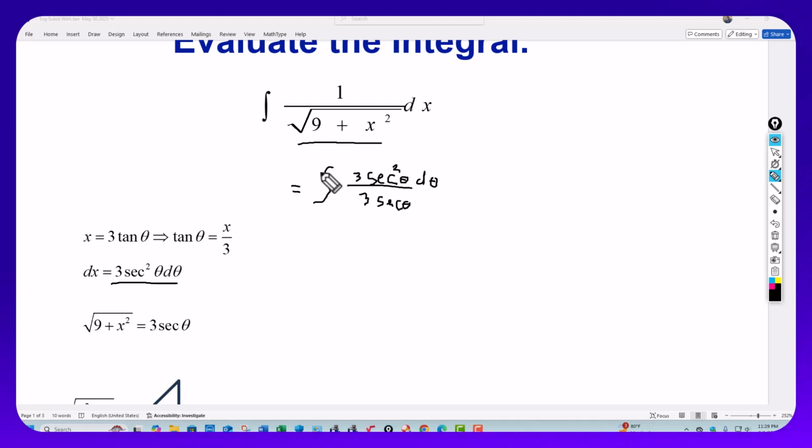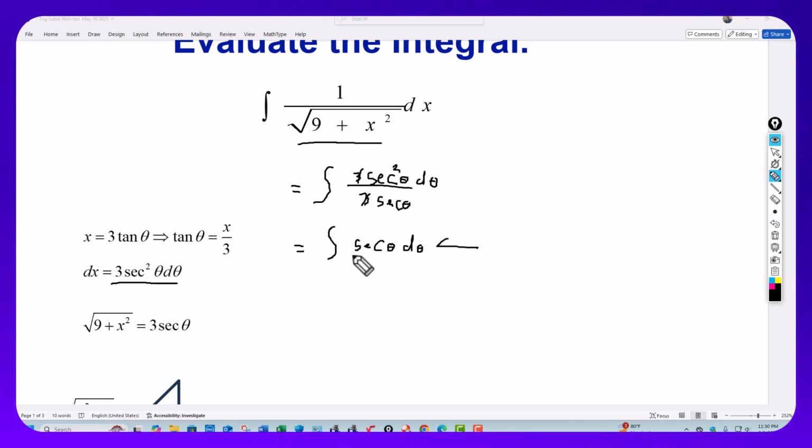Now we have the integral of 3 secant squared theta d theta over 3 secant theta. The 3 and the 3 divide out, and secant squared theta over secant theta simplifies to secant theta d theta. So after making the substitutions and simplifying, we get the integral of secant theta d theta.